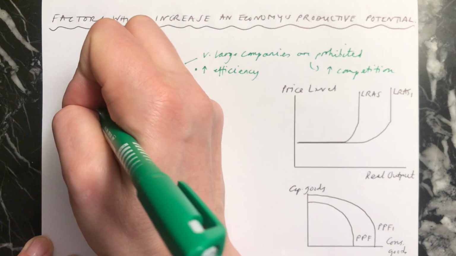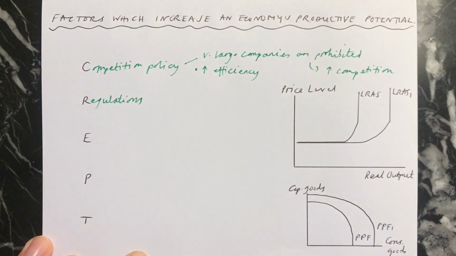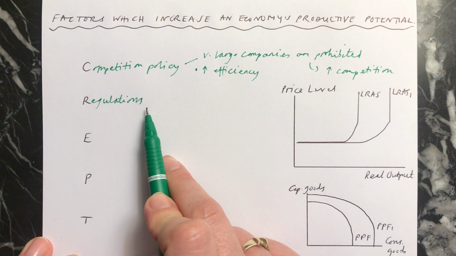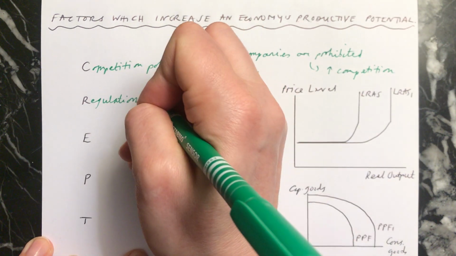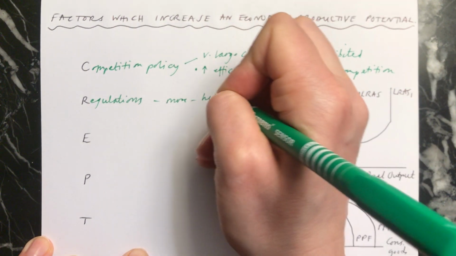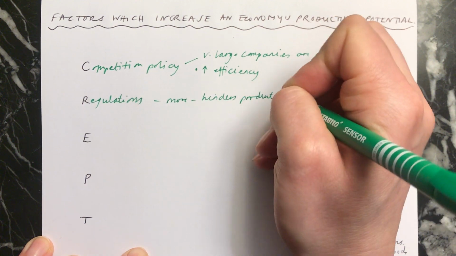The second one is regulations. If businesses have to comply with lots of regulations, rules and red tape and lots of administration that they have to do, so if there are more regulations, this hinders productive potential.